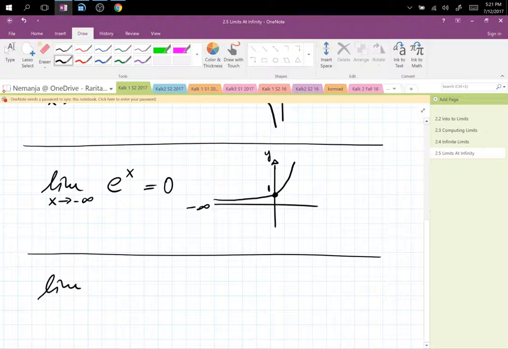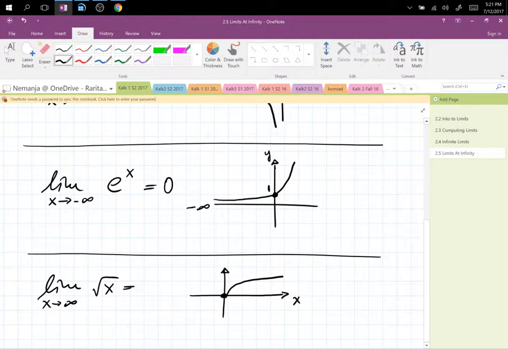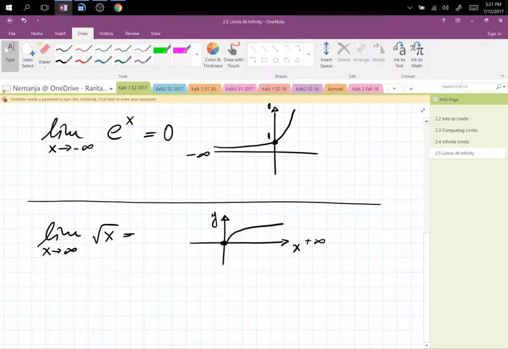The next question, limit x approaches positive infinity for square root of x. What are we going to get? Look at the graph. We are getting positive infinity, because as the x value approaches positive infinity, the y value is also rising forever, so it goes to positive infinity as well.